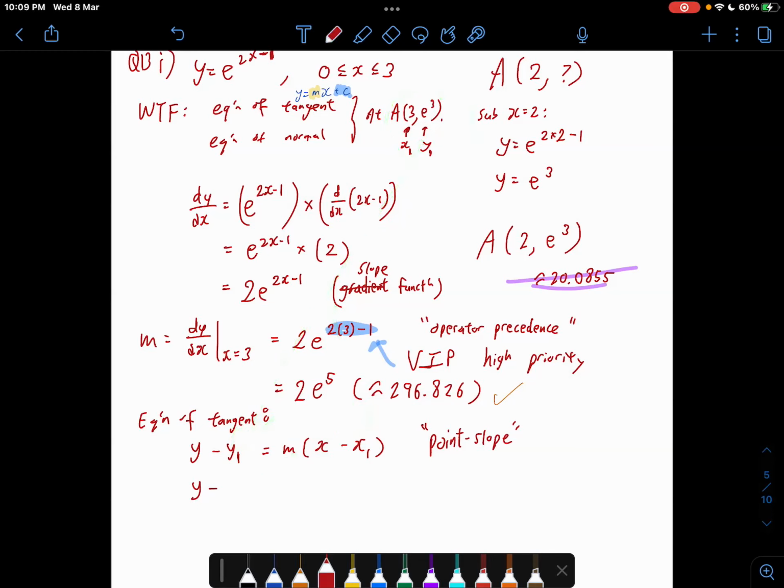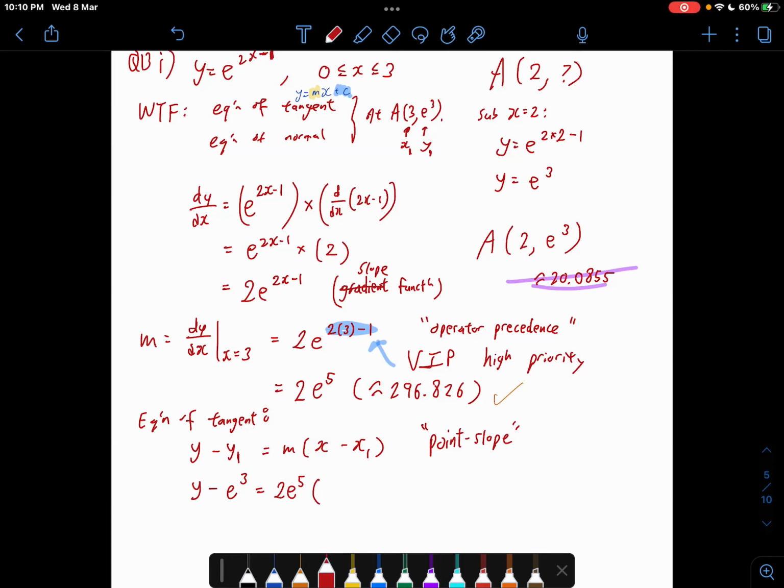So what's y1? e power 3 equals, what's m? Gradient. 2e power 5. Yes, the 296.826, but I use the exact value. That's why it looks a bit funny.